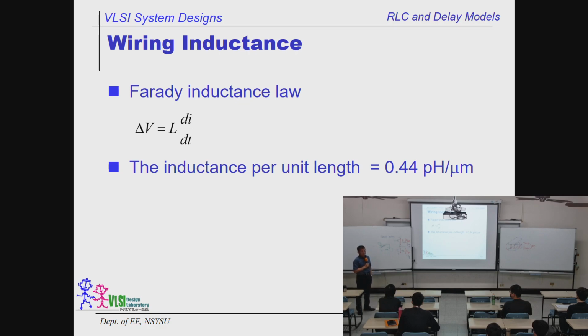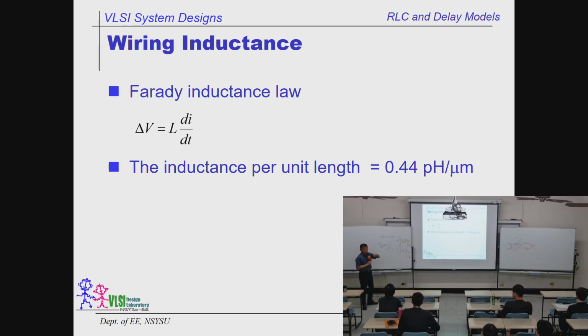And if the current change is big, the delta V will be big as well, because L is large. It's about a nanohenry, and sometimes about a microhenry. It's really large. Picohenry, we don't care, it's 10 to the minus 12.